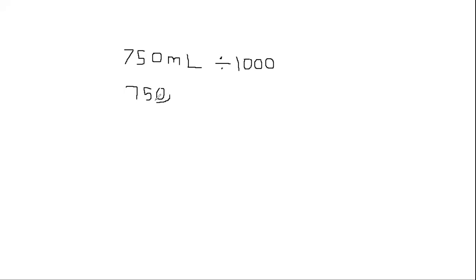How many times? 3 times, because there are 3 zeros. 1, 2, 3. Because there's nothing in front of the 7, I put a 0. So 750 milliliters is equal to 0.75 liters.